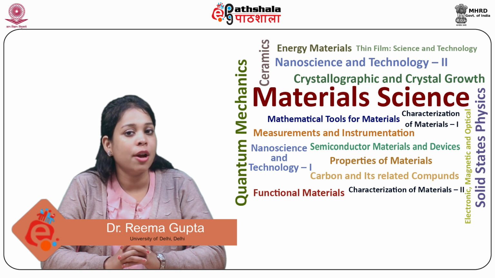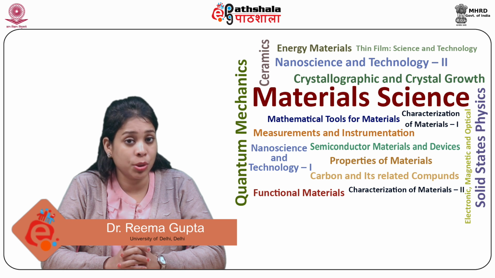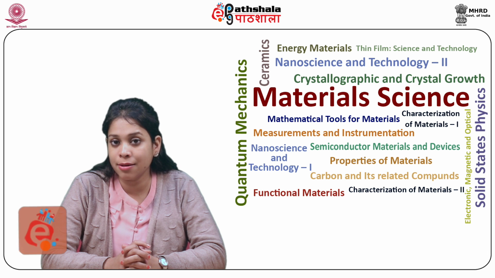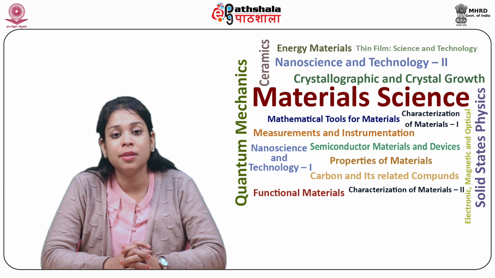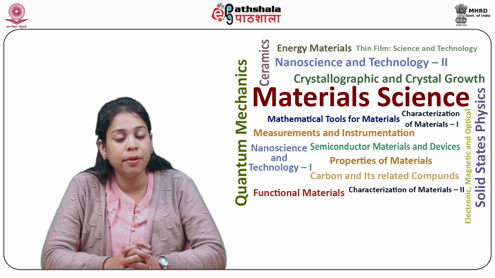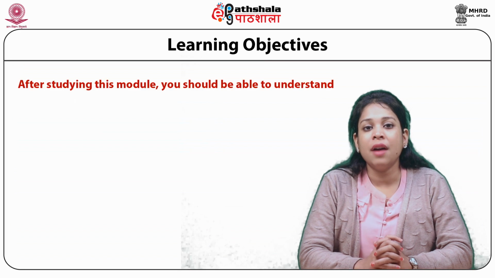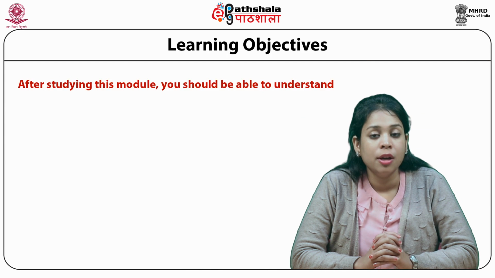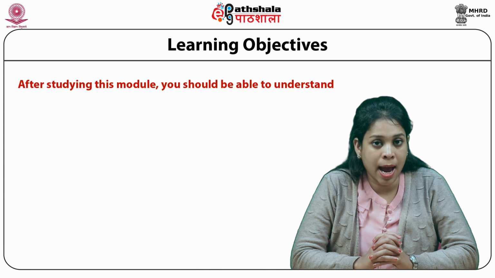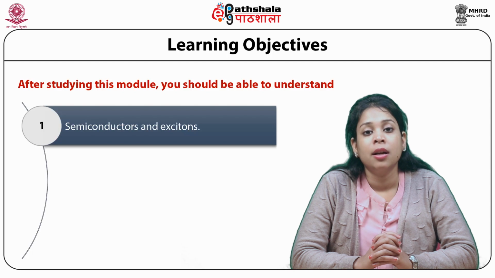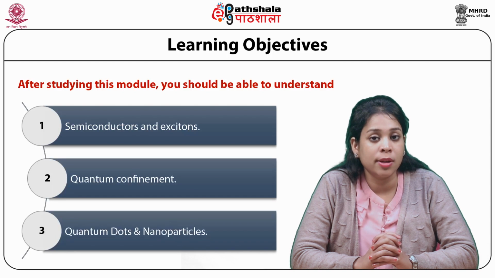So today we are going to discuss the module Excitons and excitonic Bohr radius energy levels splitting from the paper Nanoscience and Nanotechnology 1. After studying this module, you should be able to understand semiconductors and exciton, quantum confinement, quantum dots and nanoparticles.